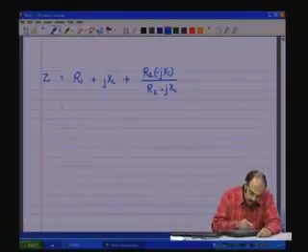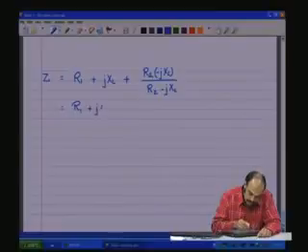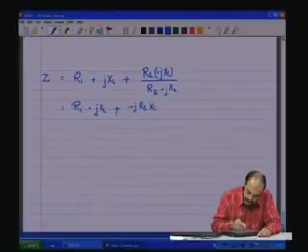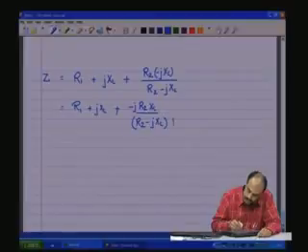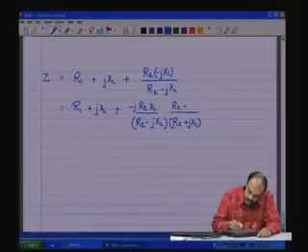Now, this can be written as R1 plus jXL plus minus jR2XC divided by R2 minus jXC, multiplied by R2 plus jXC over R2 plus jXC.